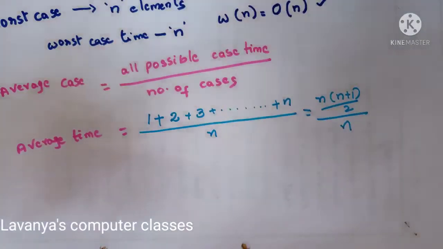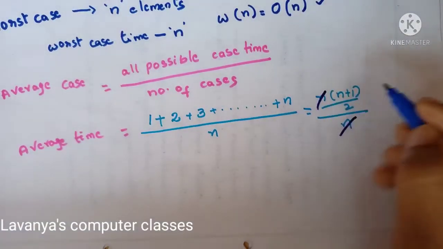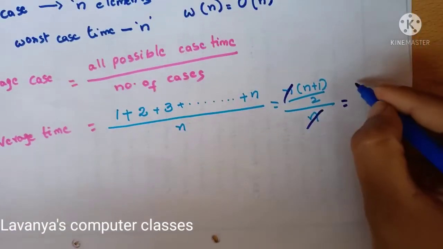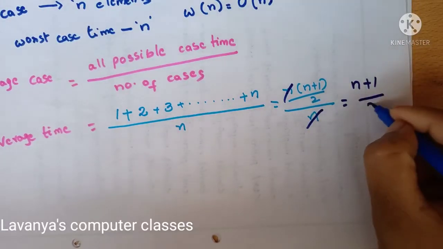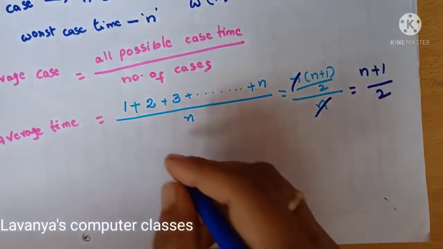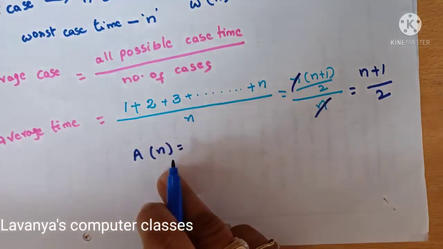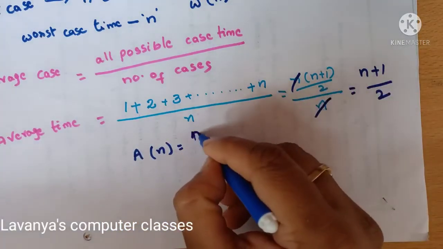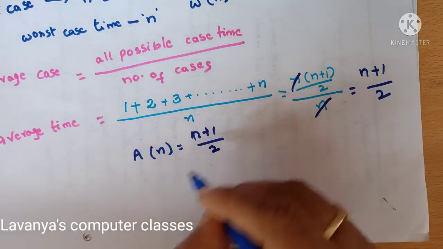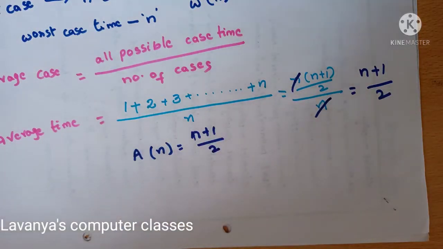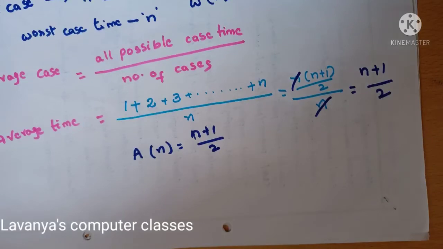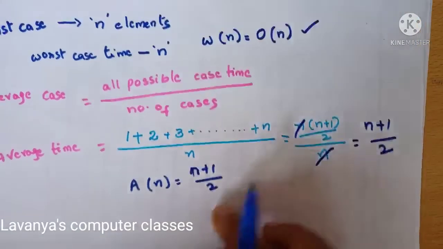So the average time is A of n equal to n plus 1 by 2. So this is the average case of linear search.